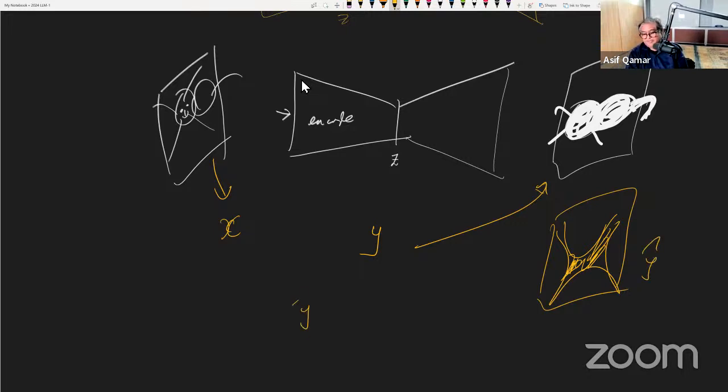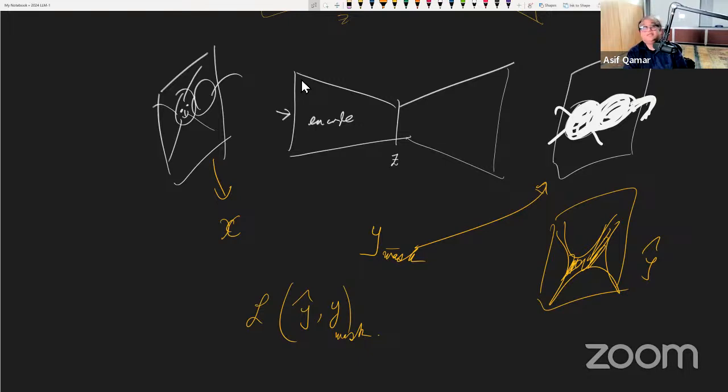I can create a loss function that measures how much Y hat departs from the masked cat. So you realize that you made a loss function not between the output and the original image, but between this and the mask. Let me call it mask.